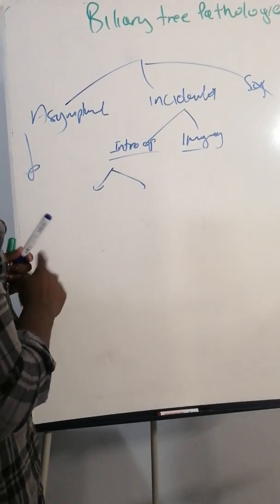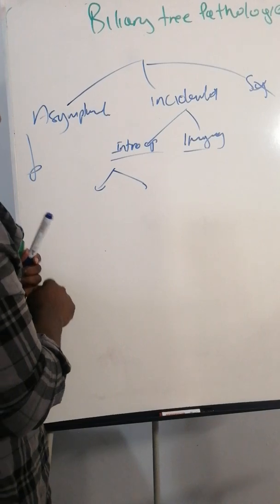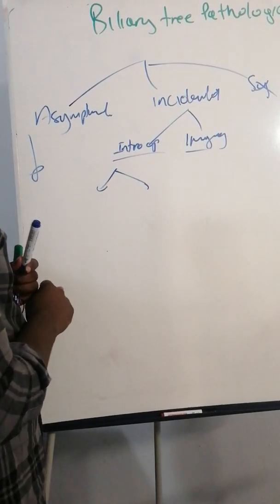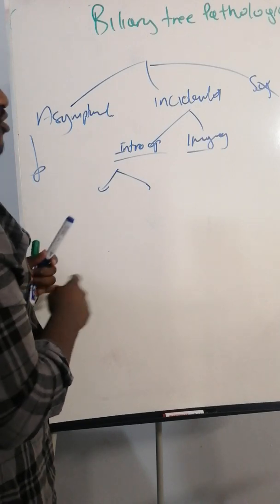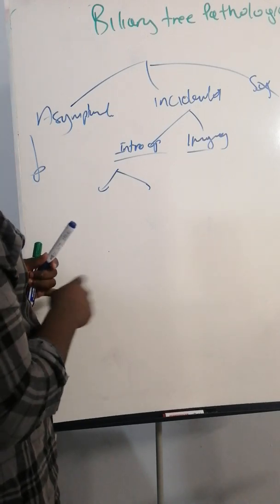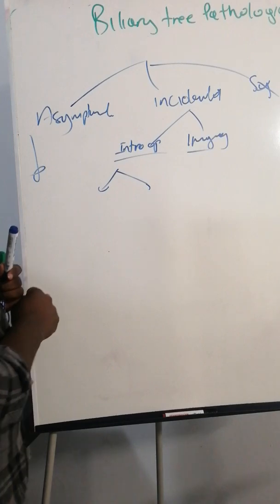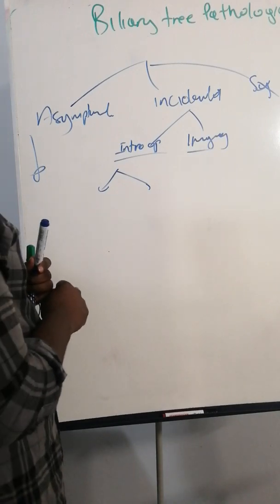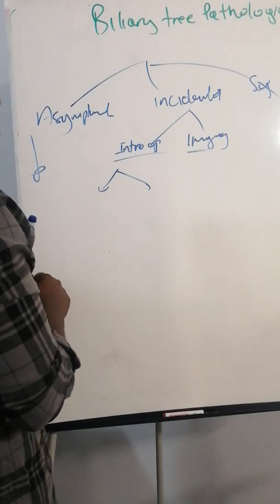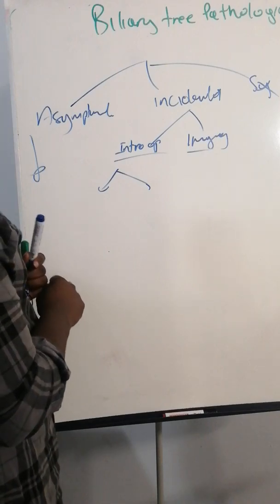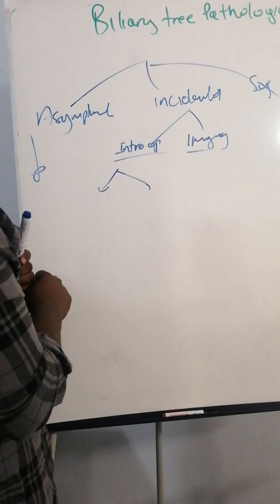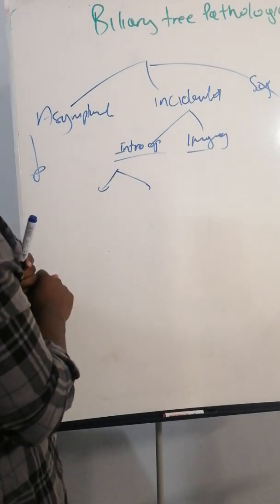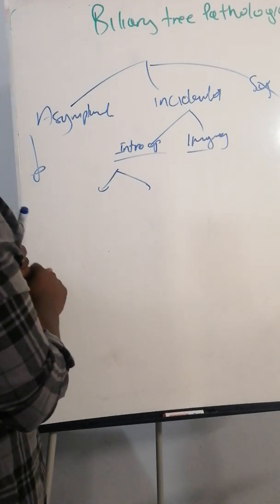Is the anesthetist comfortable? Does he have all the necessary drugs to prolong the procedure? The anesthetist must be aware that there's an intra-op finding that we need to look at. So it depends on the anesthetist and the surgeon.